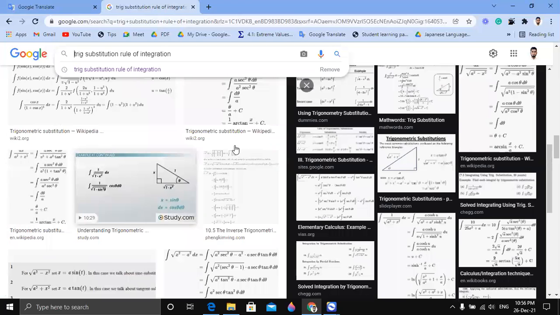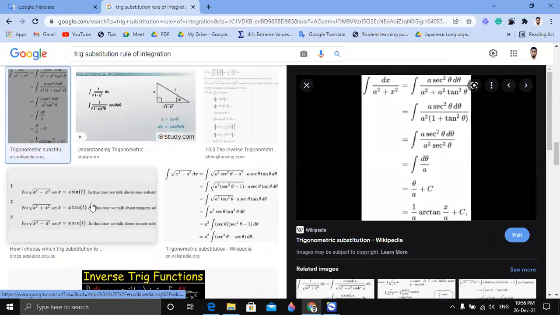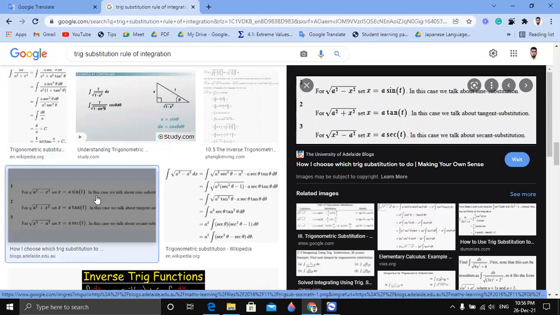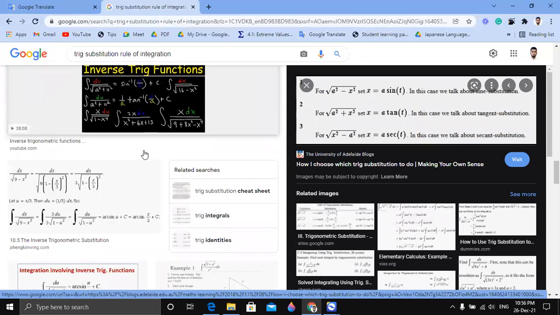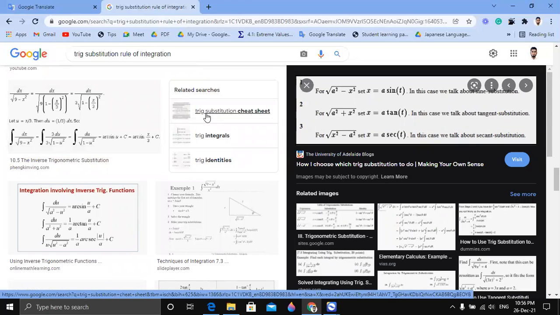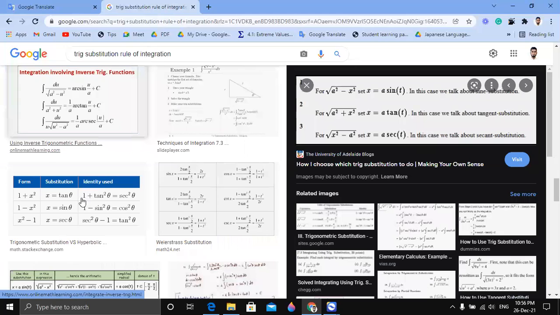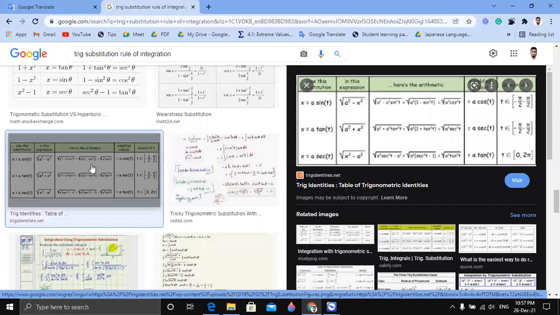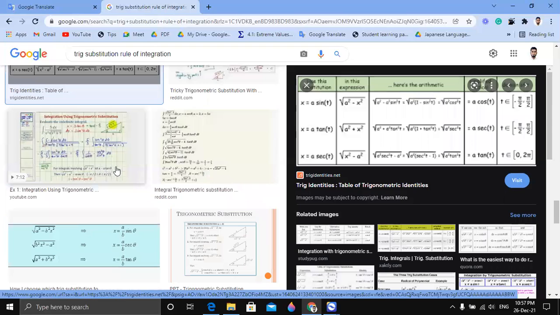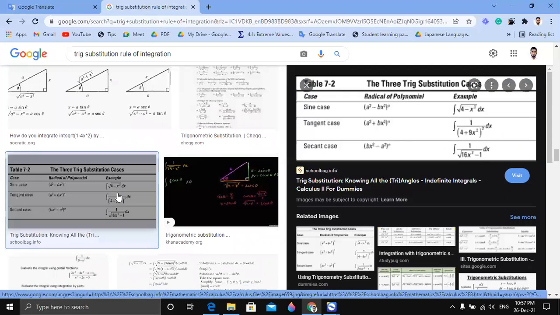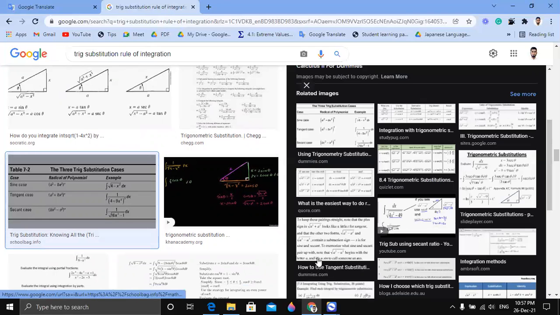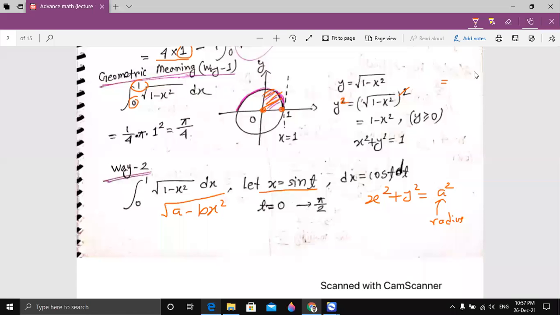So there were three formulas for the trig substitution rule for integration. So let me write down here.